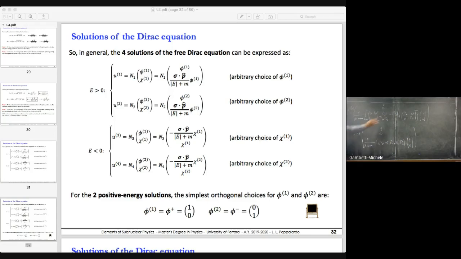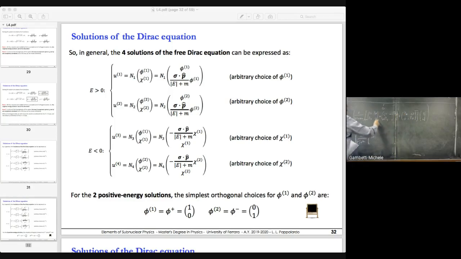Now, as before, we have to add these matrices element by element. So it is N1, we have (1, 0), and now here we have 1 over E plus M. Here we have 0 plus 0 plus Pz, so it's just Pz.